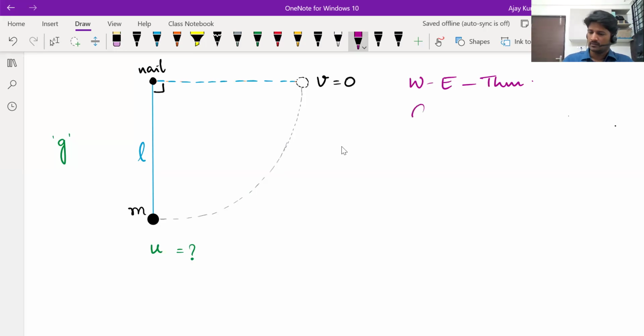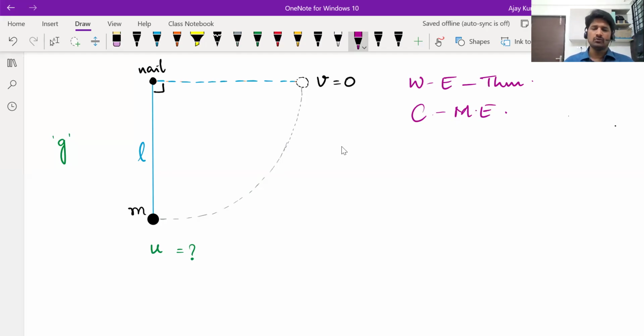Conservation of mechanical energy. Okay. If acceleration is constant, you can use equations of kinematics, but in this case acceleration won't be constant. We know the object is moving along a circular path, so constant acceleration is not possible.